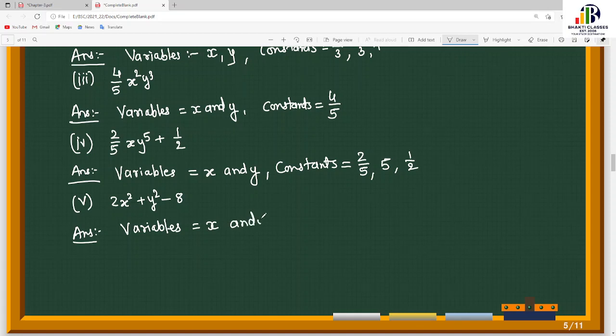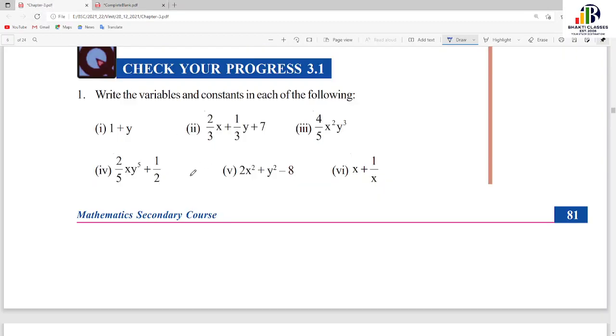And the constants? 2, 1 and minus 8. 1 is the common variable which can be found in every expression. So if we are not writing it, it is okay.